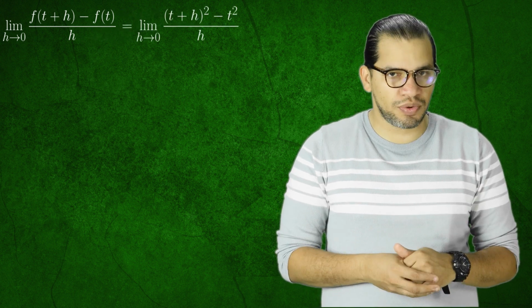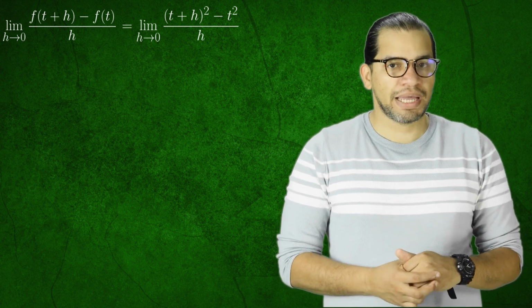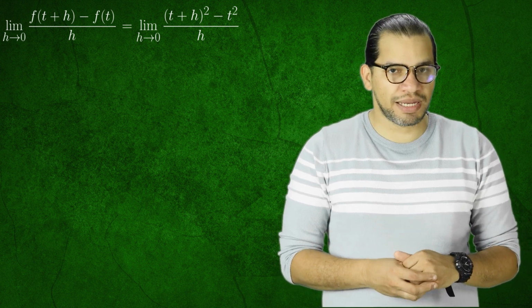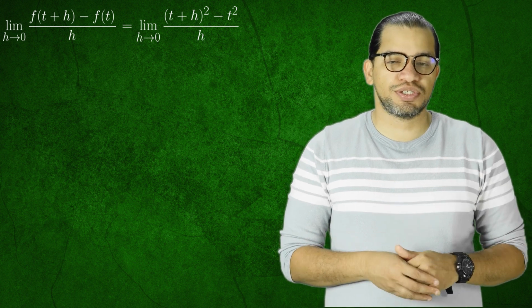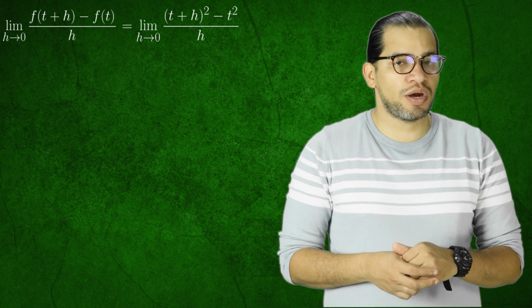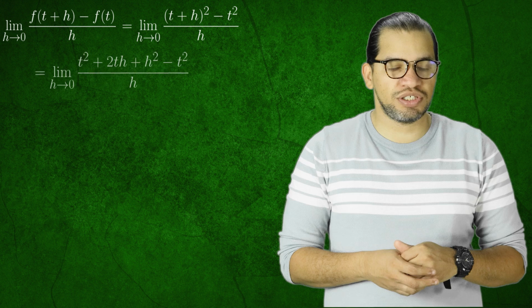If we apply the proper substitutions, we obtain the limit when h goes to 0 of (t plus h) squared minus t squared divided by h. Now, if we expand the expression (t plus h) squared, we obtain t squared plus 2th plus h squared.